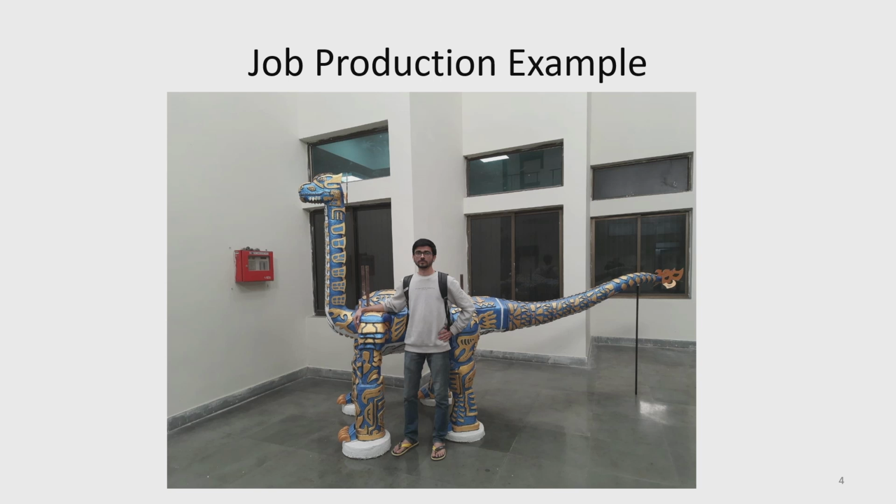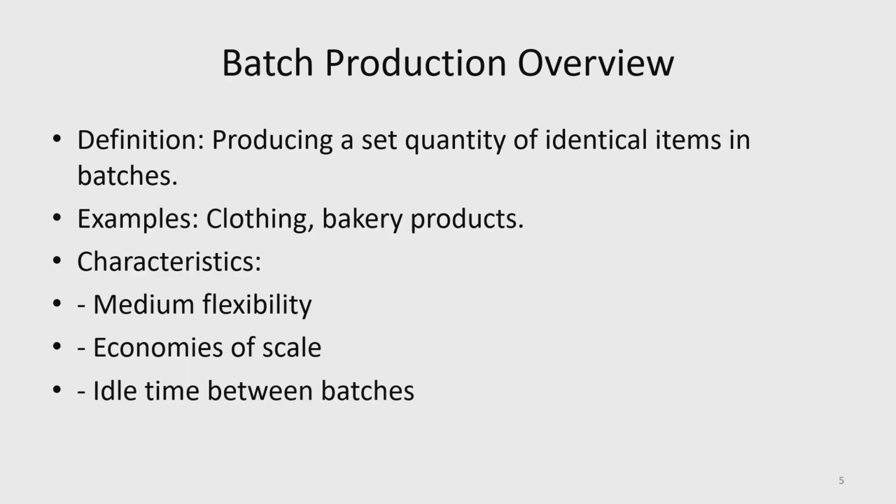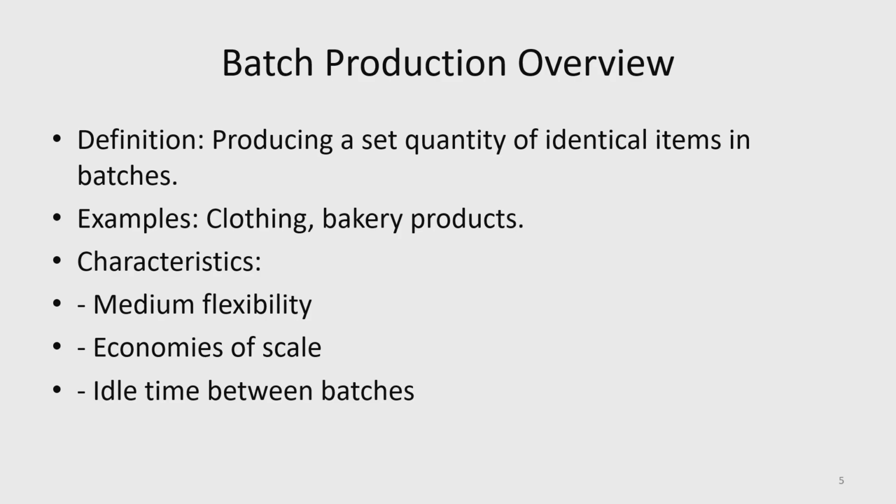Okay. So, we are now going to discuss another type of production method, that is batch production. Here we do not make one job, but we make a batch of jobs together. In batch production, a lot of examples can be given, and we will discuss that. But first the definition: producing a set quantity of identical items in batches.